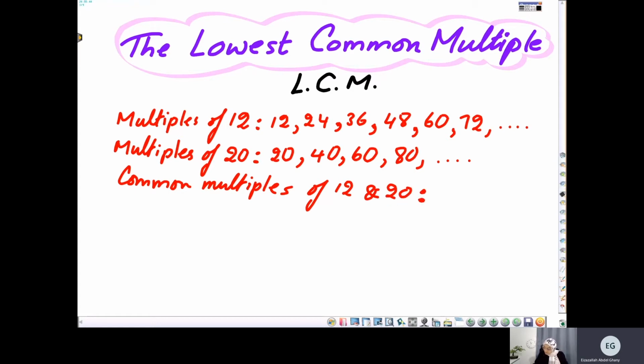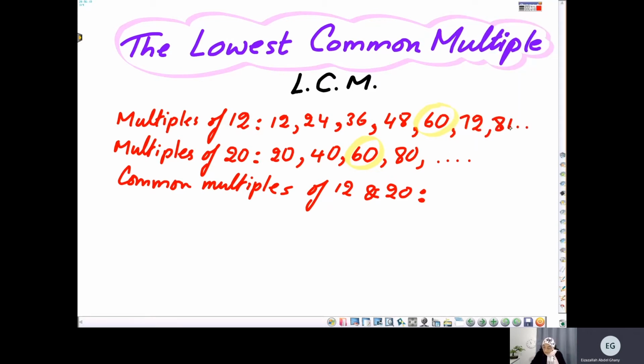The common multiples are, what's common? 12 is common, no. 24 is common, no. 36 is common, no. 48 is common, no. 60 is common. But there are more. If you need to find more and more, now multiples of 12, we can write more to discover something.